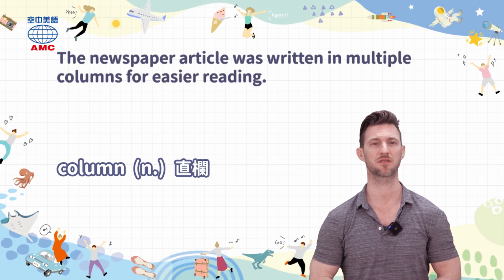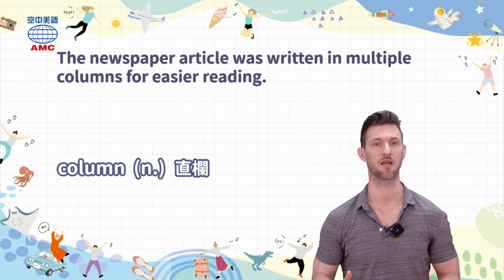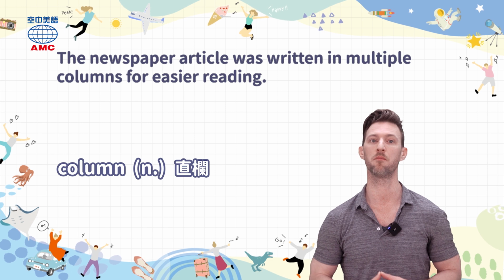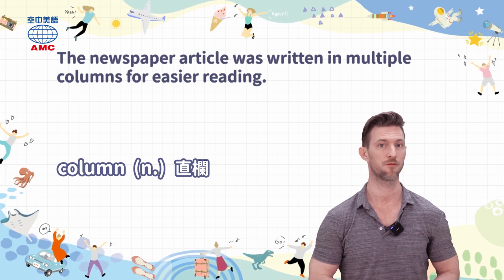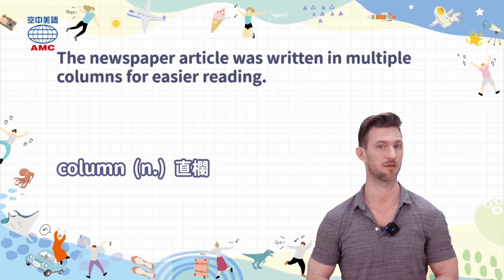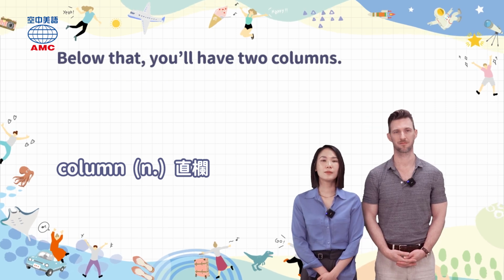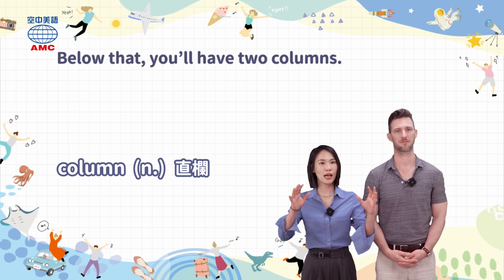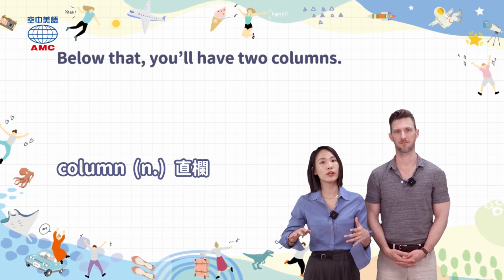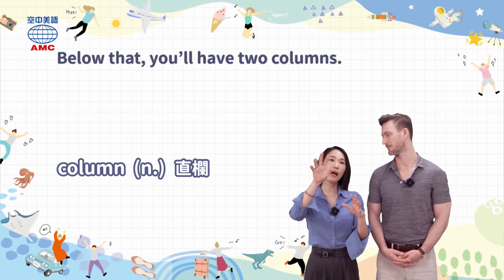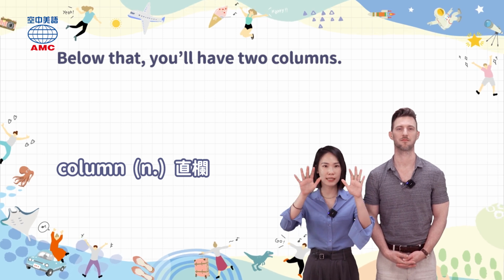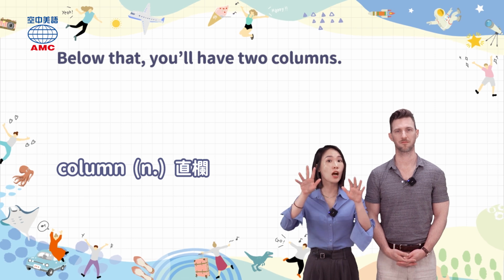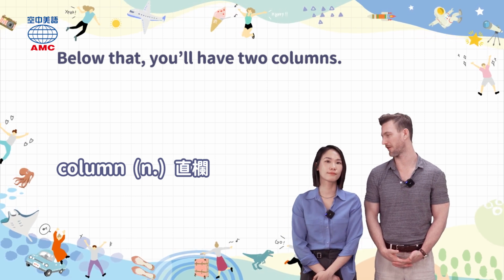So an example sentence using column would be, the newspaper article was written in multiple columns for easier reading. So below the title, you have 2 columns. Right, doesn't seem very hard, right?